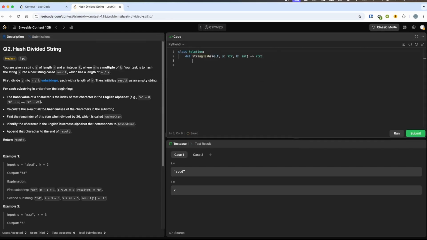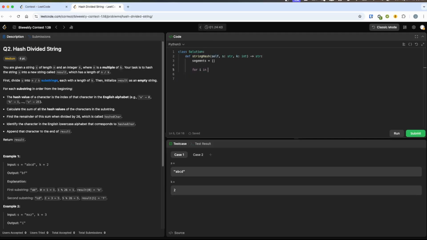So let's split up this string into segments. Okay, so the current equals 0, for i in range s with current k. Then we do, what if we just do actually this?